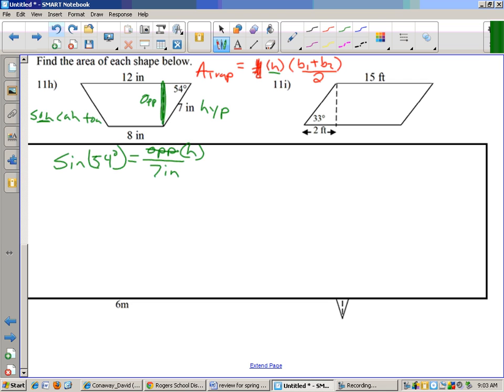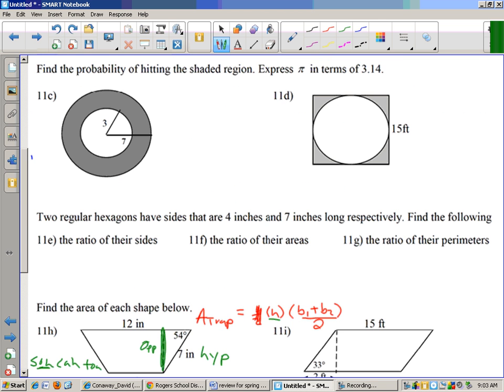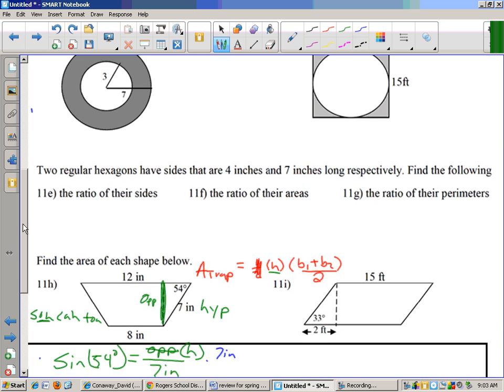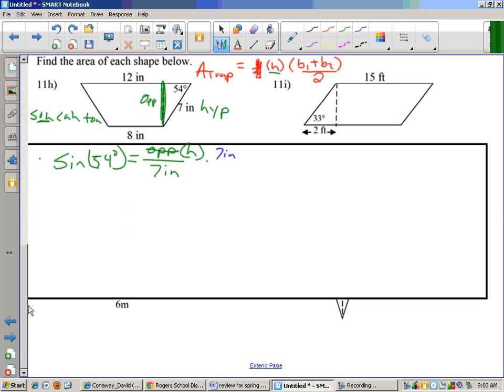So now I could call the opposite h if you guys want me to. There you go. Make it a letter instead of a name. If I want to get h by itself, I got to get rid of 7 inches off the bottom. What do? Divide by 7? Multiply by 7 inches. Good. Those 7 inches will reduce to be 1.